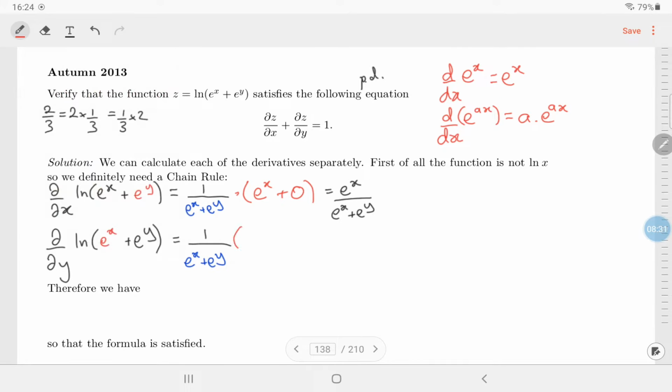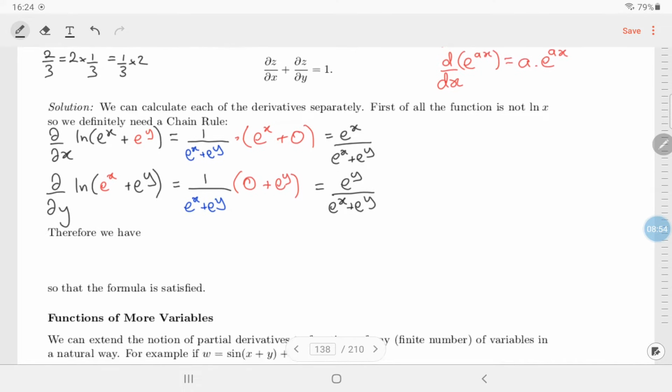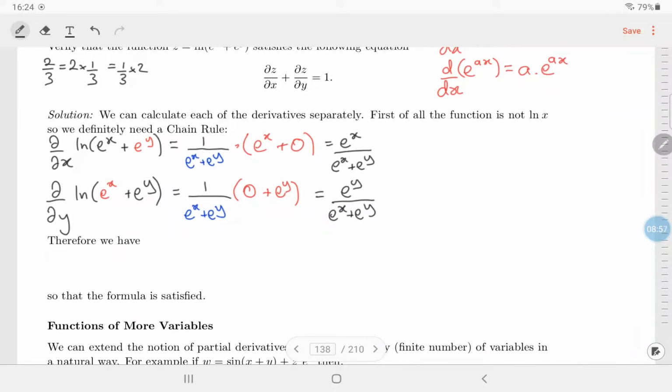And the derivative of e to the x with respect to y, so with respect to y, x is a constant, so e to the x is a constant, derivative of a constant is 0, plus the derivative of e to the y is itself. Or should I say the derivative of e to the y with respect to y is itself. So we end up with e to the y divided by e to the x plus e to the y. And therefore we can add these two together and let's see what we get.